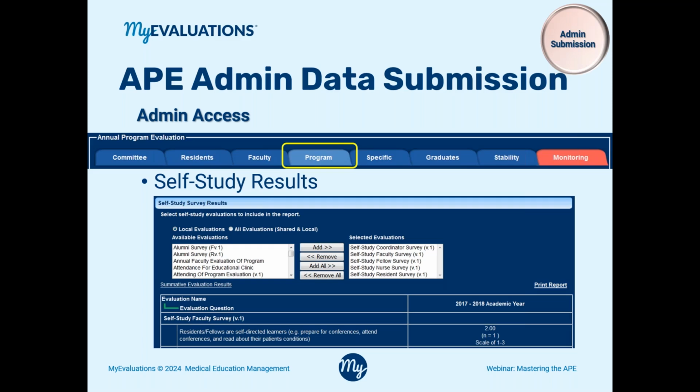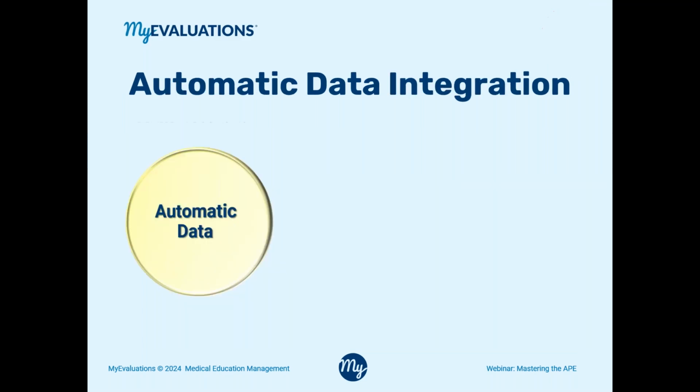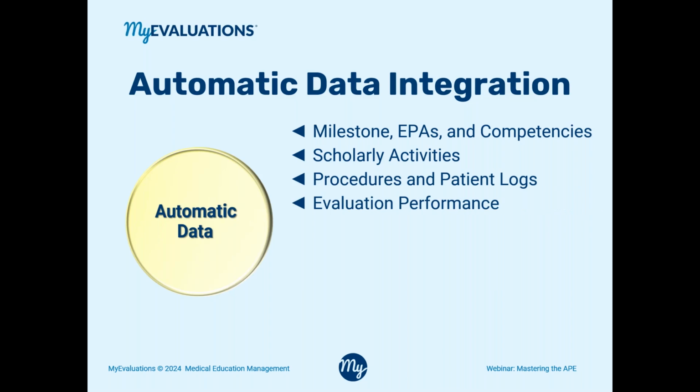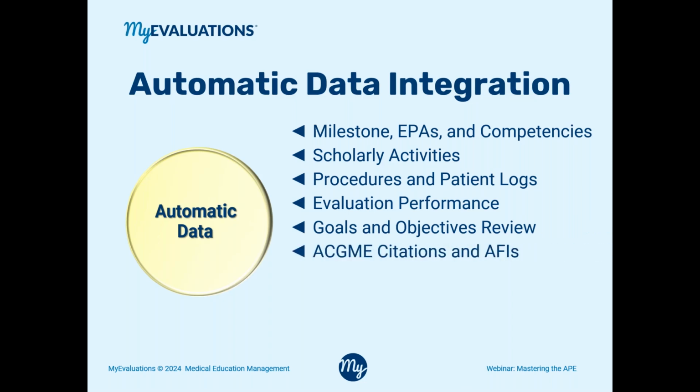So the automatic data integration is going to include all your milestone, EPA, and competencies, which will automatically show up in the APE module. All the scholarly activities will automatically show, procedures and patient logs, the performance of evaluations, review of goals and objectives will be listed, and we're going to go through these individually.